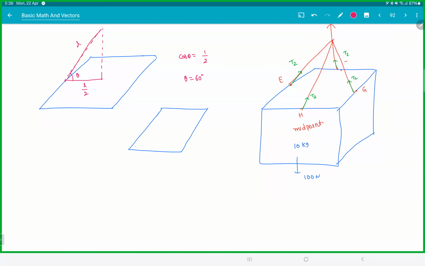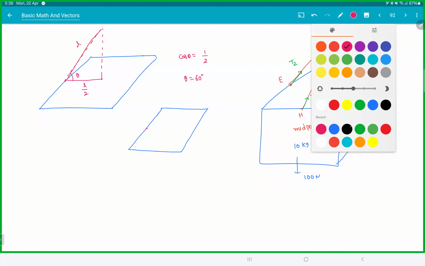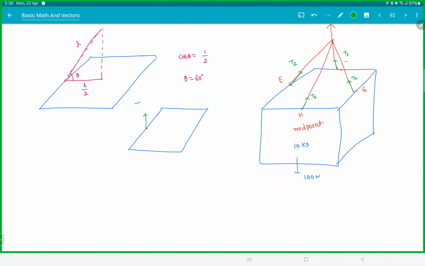Now if you take components, the vertical components will be T2 sin 60, T2 sin 60, T2 sin 60, and T2 sin 60. The horizontal components will be like this, T2 cos 60.